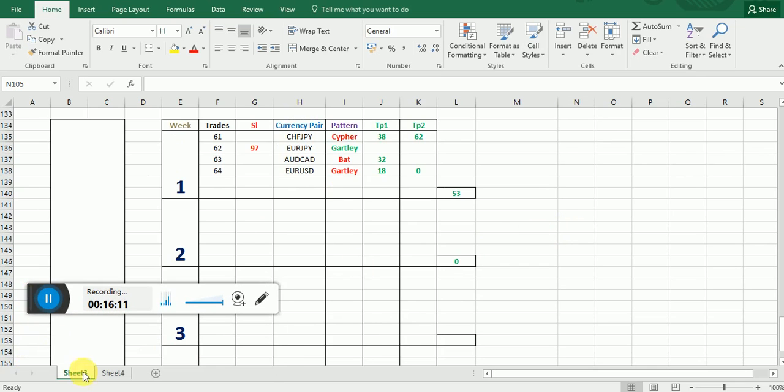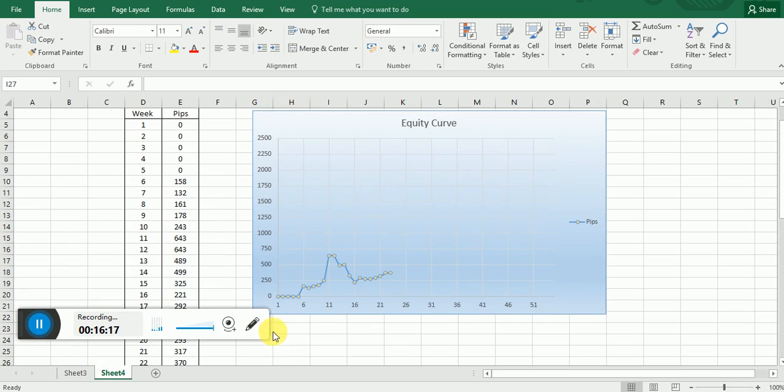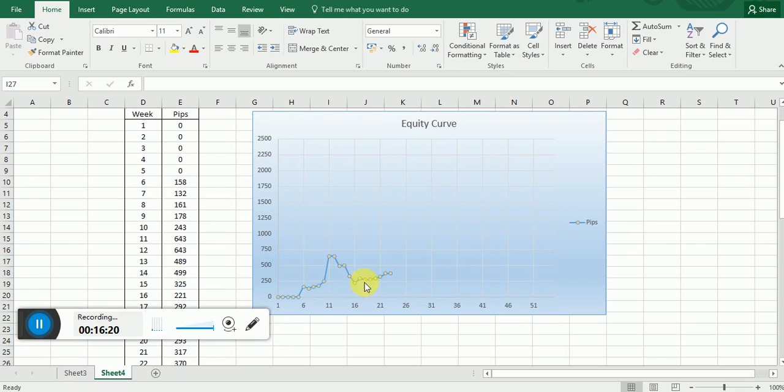So flipping over to my equity curve, I'll show you guys. It's just been gradual and steady. After our drawdown, as you can see, it's just steady progress. Every single week we're bringing in positive results, but it's not big results. It's just like 10, 20, 40 pips here and there.